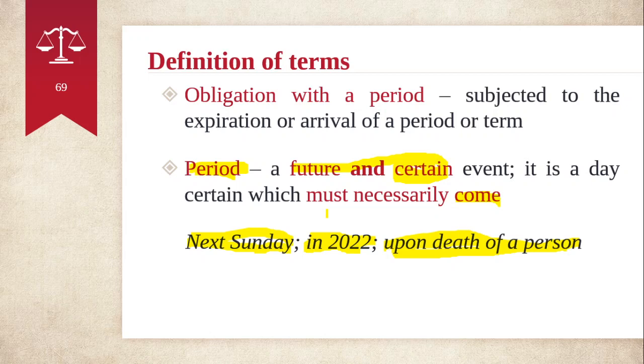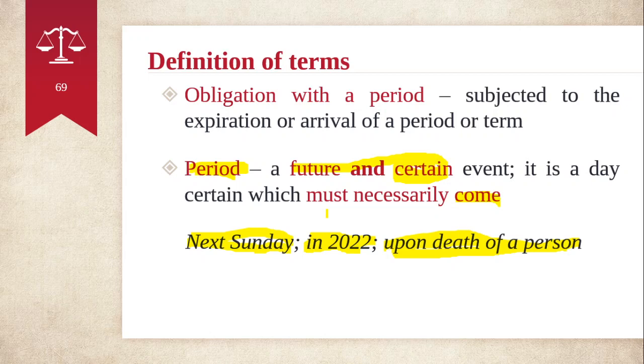Okay? Dili ta ma-confuse, alright? Kung unsa ang condition, unsa ang period. So, tanungin mo muna. Pag sinabing, okay, bibigyan kita ng pera hanggang sa makagraduate ka. Is it a period or a condition? It's a condition. Bakit? Hindi naman natin alam kung gagraduate ka ba. 'Di ba? Or, bibigyan kitang pera hantod sa maminyo ka.